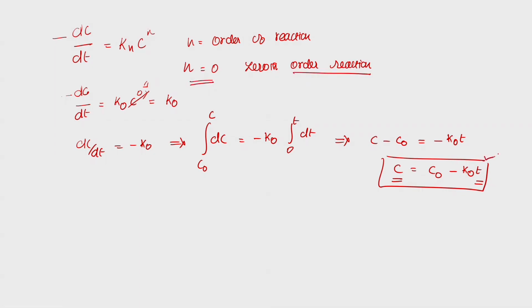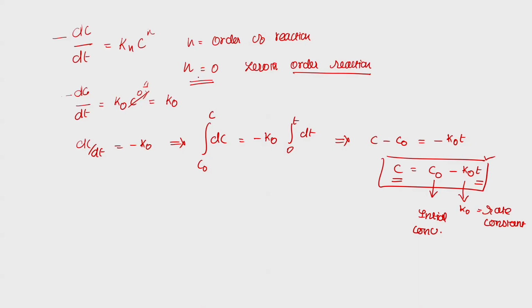I would require the time t and the rate constant K naught. K naught here is the rate constant, and C naught is my initial concentration of the microorganism or nutrient or enzyme activity, anything.